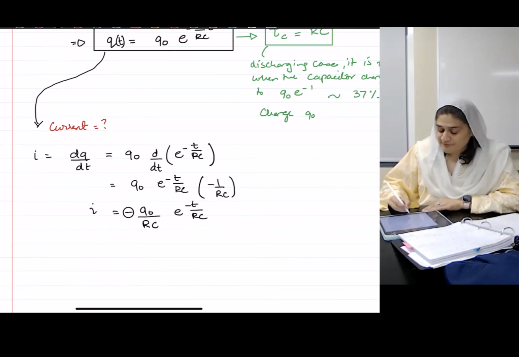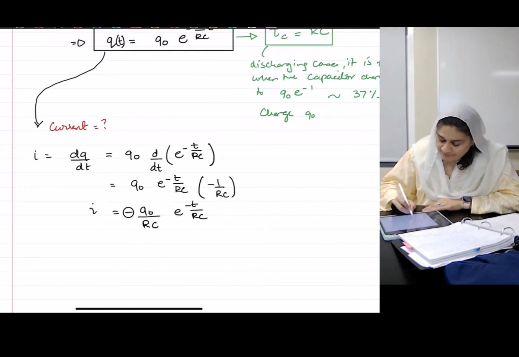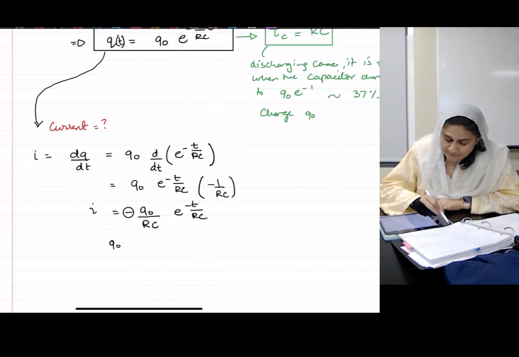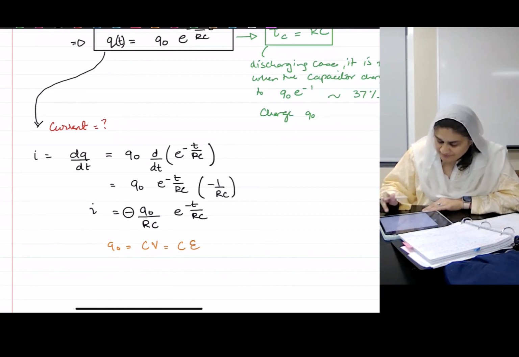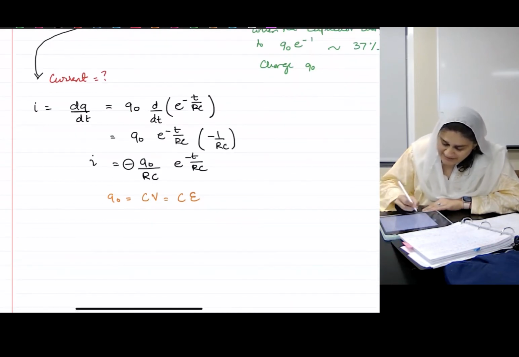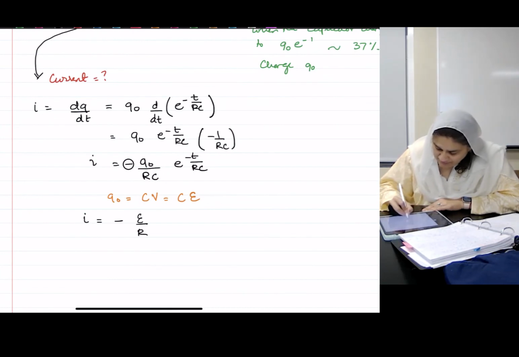And we can simplify it by knowing Q0 is the same as CV or CE. So I can rewrite this as minus E over R, e to the minus t over RC.